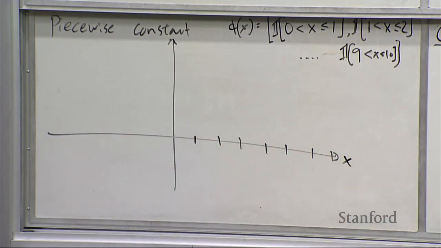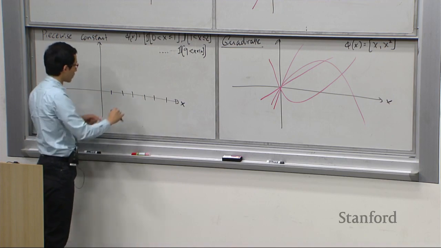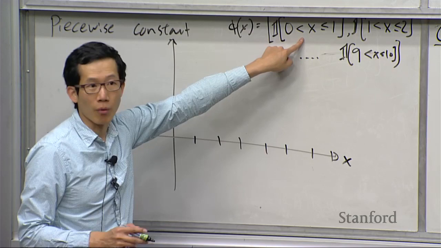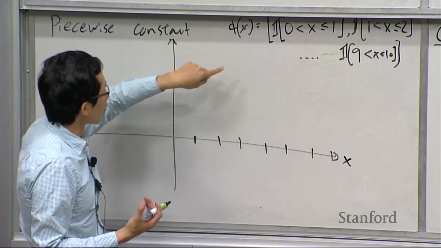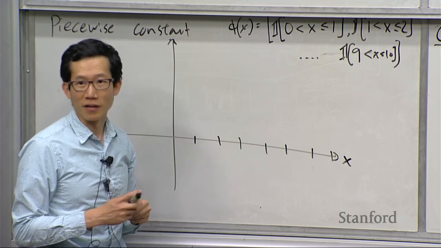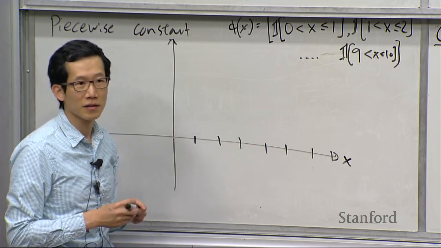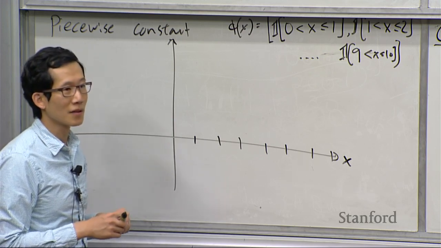So this is still x, chopped into, let's say, 10 buckets. And remember, for each region, I have a weight associated with it. So what is an interpretation of this weight? Anyone?